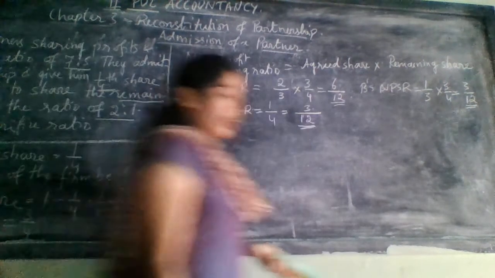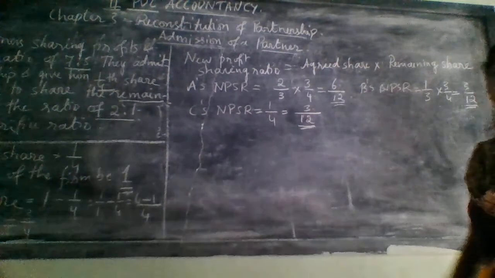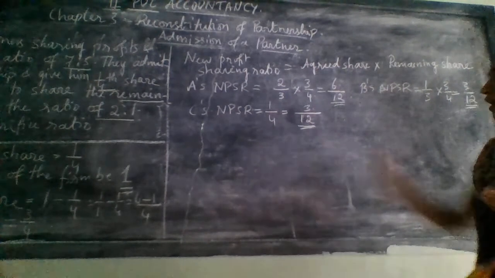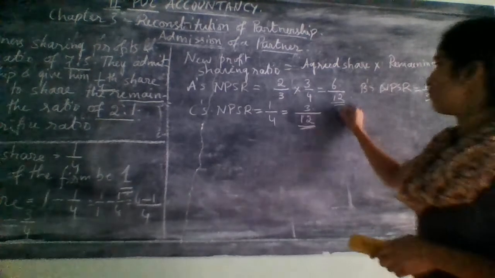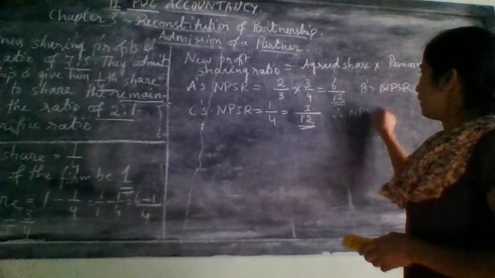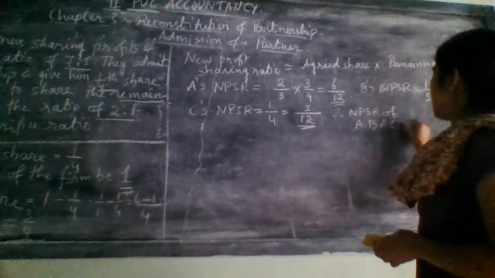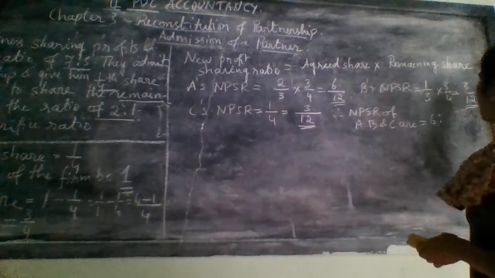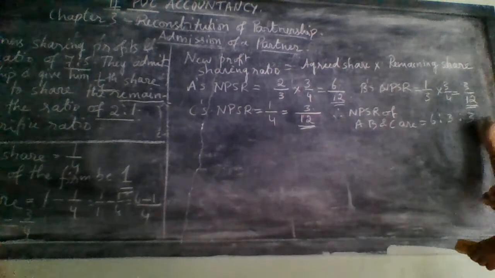Now you have one option here. For calculating the sacrifice ratio, you are not able to know whether it is right or wrong. But for the new profit sharing ratio, you can know whether you have done it properly or not. Therefore, now we will write the NPSR of A, B and C. What did it come? 6 for A, 3 for B, and for C it is 3.